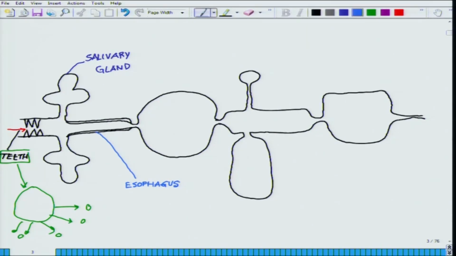From the esophagus, the food enters into the completely acidic environment of the stomach, which has a pH of around 1. Okay. Stomach. This is the next stage, next stoppage for the food. Here the food gets kind of through, and now it is reaching the stomach.